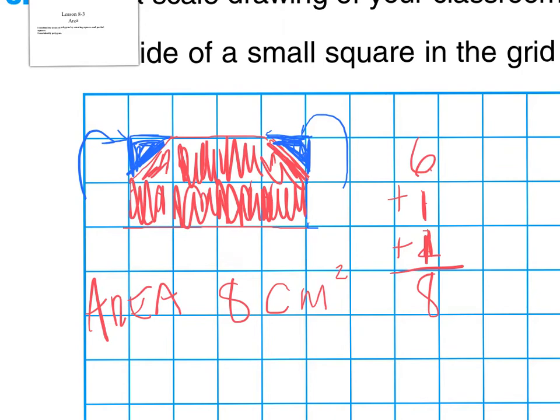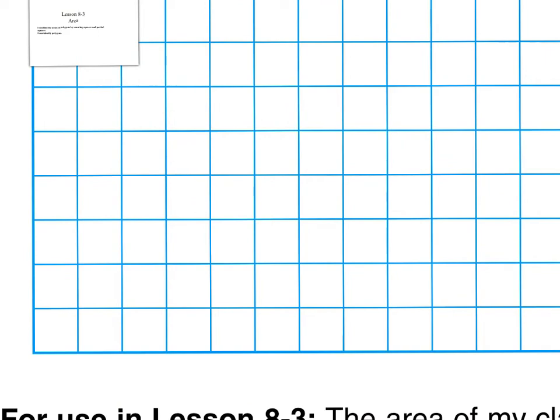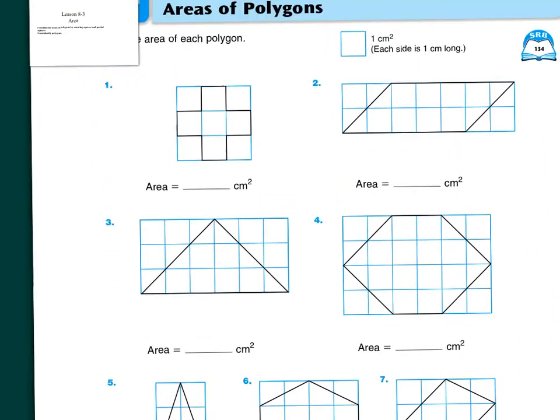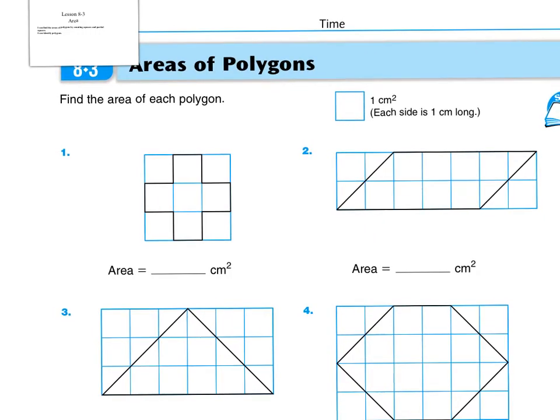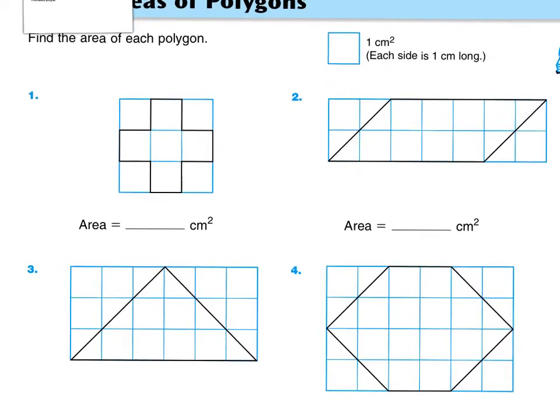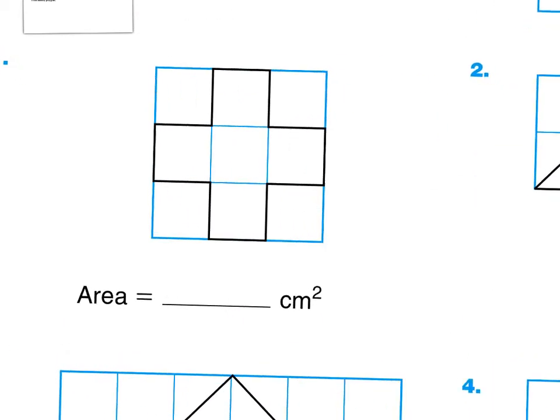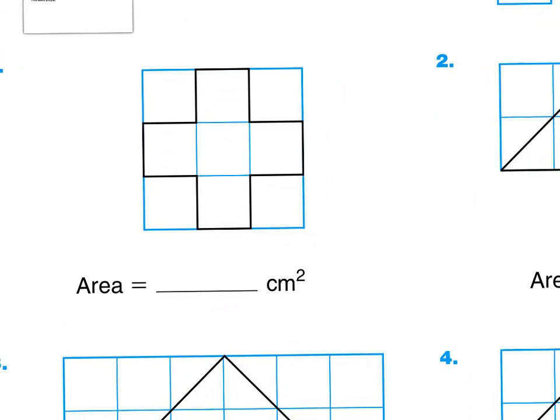Alright, so turn to page 227. Let's go over a couple of these quick ones here. Pretty easy. Number 1 says find the area of each polygon. Okay, notice that it looks like it's on a square. Okay, it looks like it's on the square here, but actually follow the black lines.